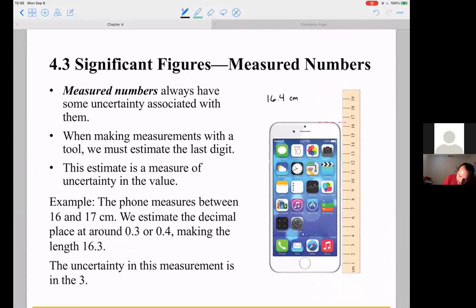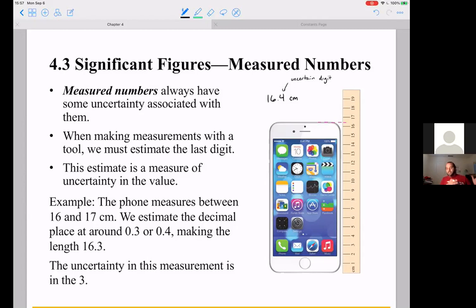Okay, this last digit here, and the last digit in all of our measured numbers, is what's called the uncertain digit, or sometimes called estimated. This iPhone really could be 16.5 centimeters, could be 16.3 centimeters, somewhere in there.